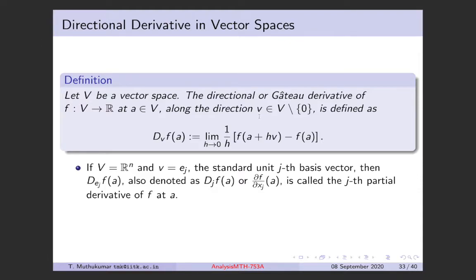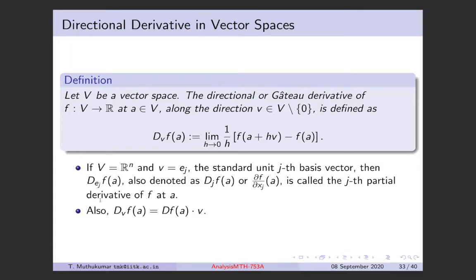You can do it for vectors v with unit norm, because any non-zero vector in Rn can be scaled to the unit circle. So you can just take directions by choosing vectors on the unit circle.